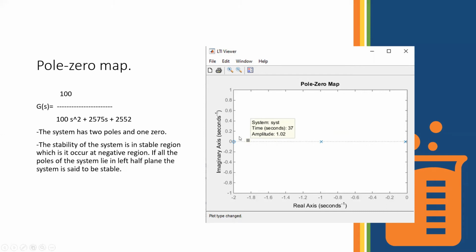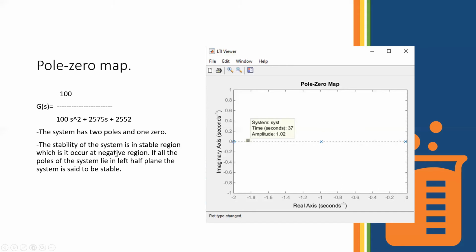So this indicates the zeros and this indicates the poles. As you can see, the poles are on the left side. The zero is on the opposite side that we get in the negative region.